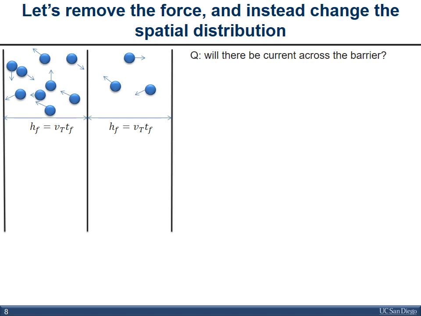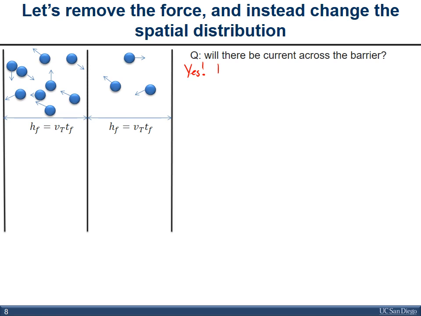Let's imagine that we have two regions that we've divided our particles into, and there are many more particles on the left than on the right. One question we can ask is, will there be a net current or a net flow of particles across the barrier? Now there's no force being applied here, but it turns out the answer, despite there being no force, is still yes.